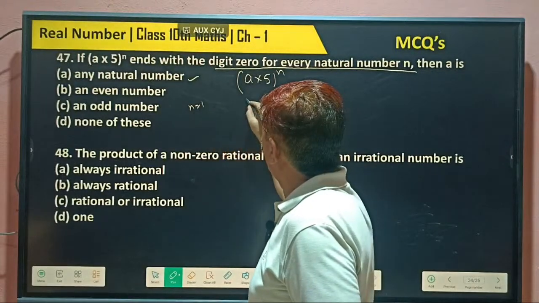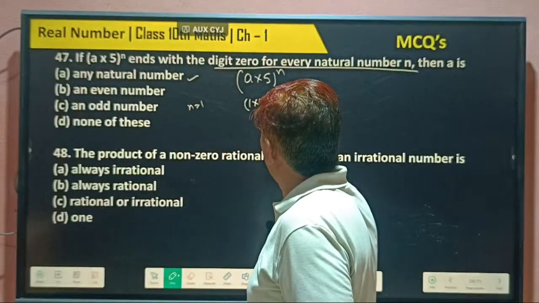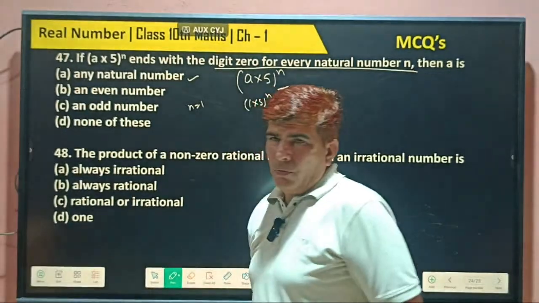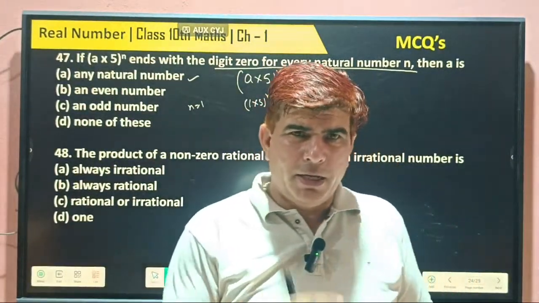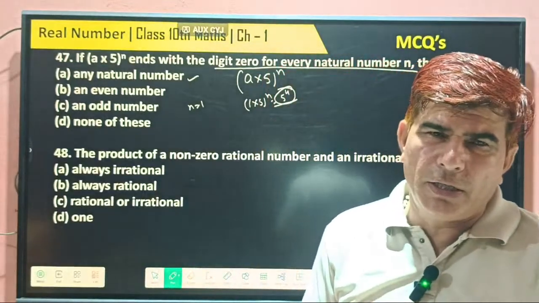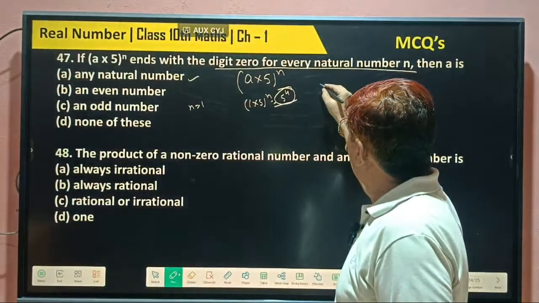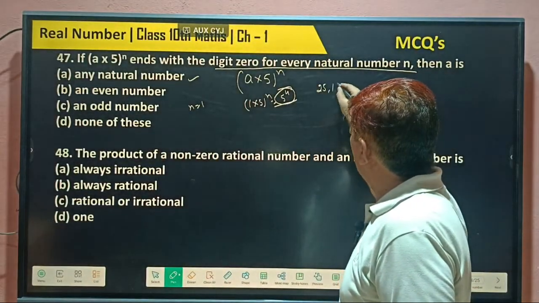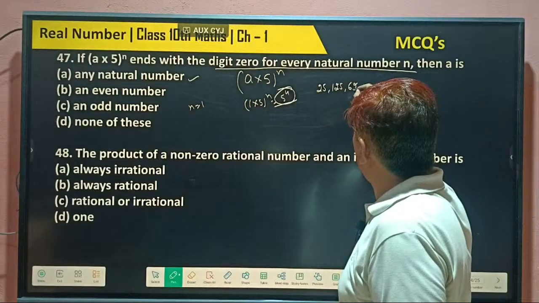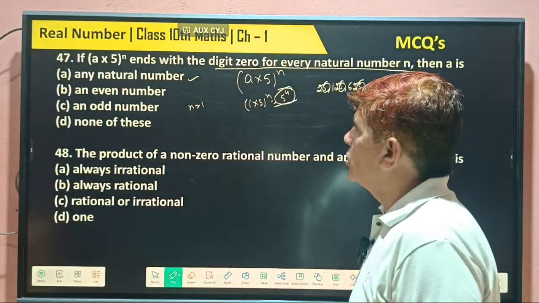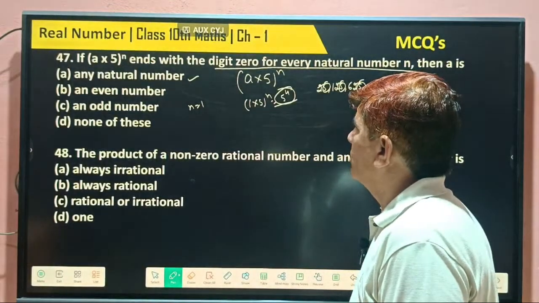Taking n equal to 1, 1 into 5 power n means 5 power n. If 5 power n is a natural number, its unit digit is always, sorry, always 5: 25, 125, 625, all have unit digit 5. So n is not a natural number, not possible.